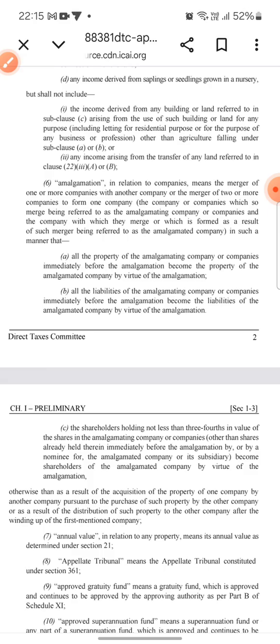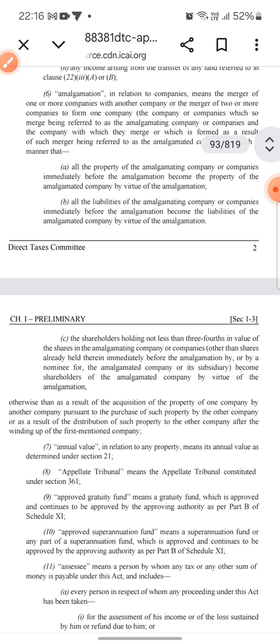All the liability of the amalgamating company or companies immediately before the amalgamation becomes the liability of the amalgamated company by virtue of amalgamation.